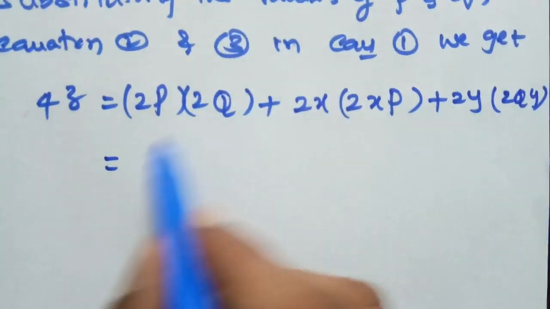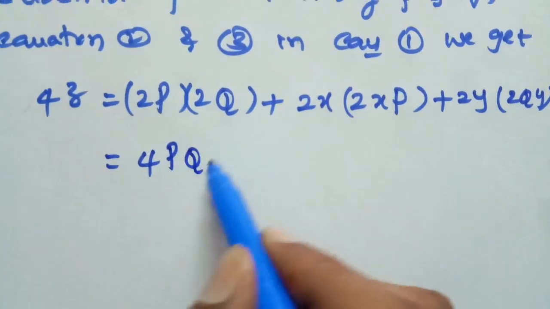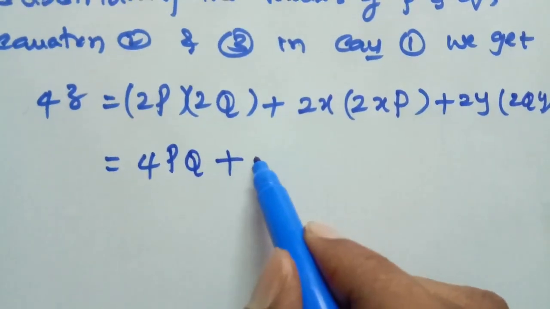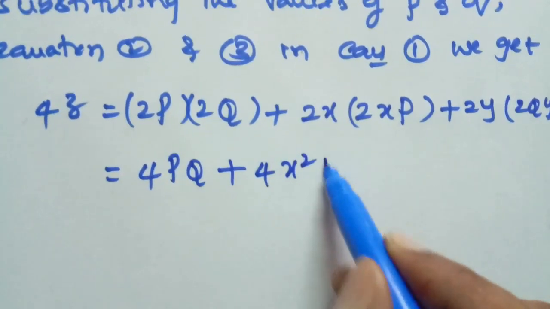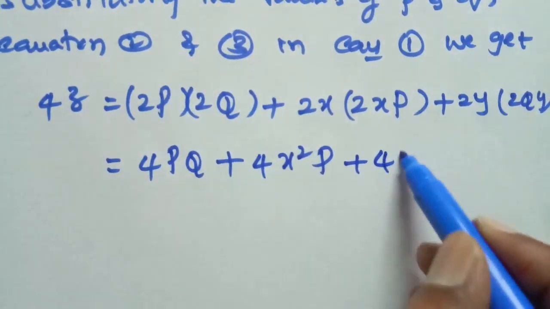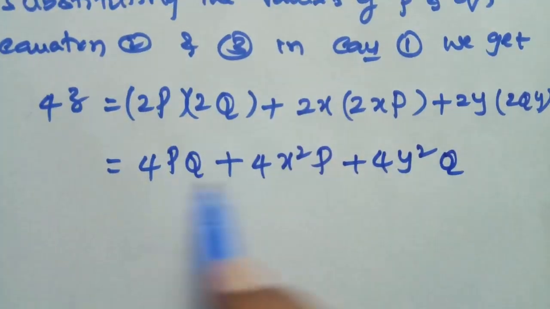Therefore, this is equal to 4PQ plus 4x square P plus 4y square Q.